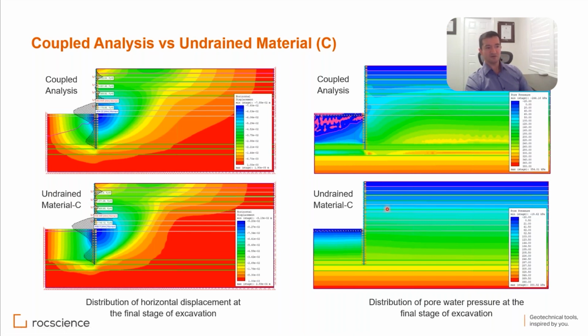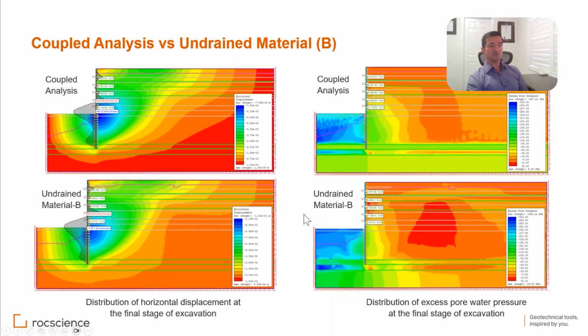So you have gradual hydraulic pressure changing in the domain when you have undrained C material, and you don't see any of this suction in the undrained zone, in the excavation zone. In terms of displacement and support forces, you can see that the pattern matches, not perfectly, but the shape and all that are very similar. The maximum values are different, but you're running different analyses anyway.